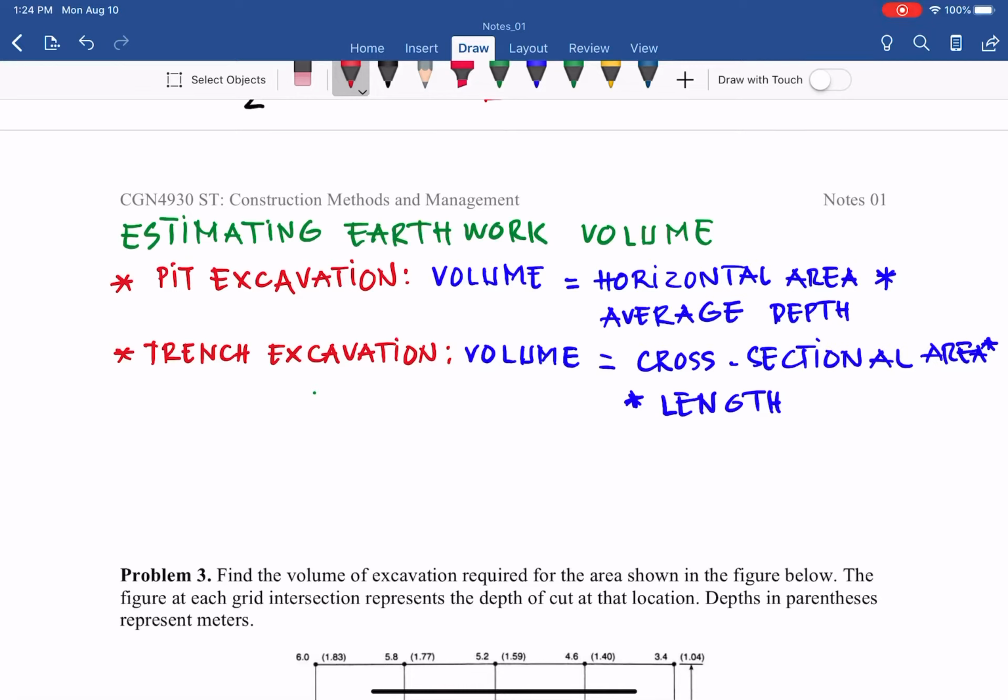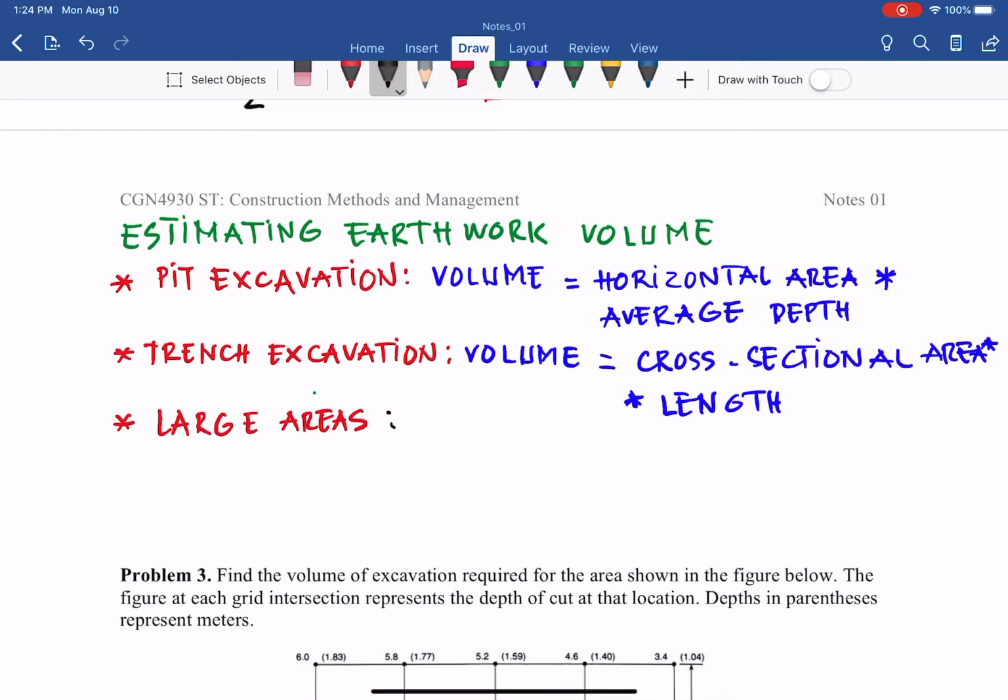That becomes very cumbersome, and it needs to be taken into account when we excavate large areas. There is an equation so that we can determine the volume for excavating in large areas. So basically it is also pit excavation, but large. How can we determine it?